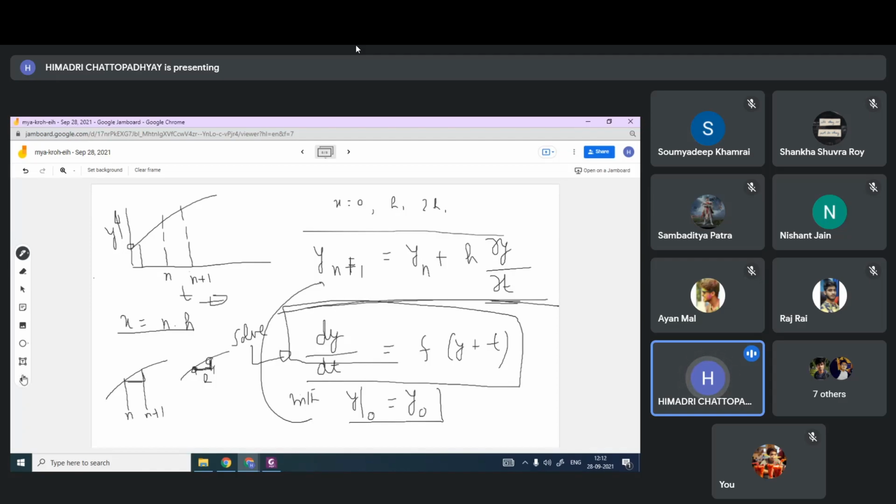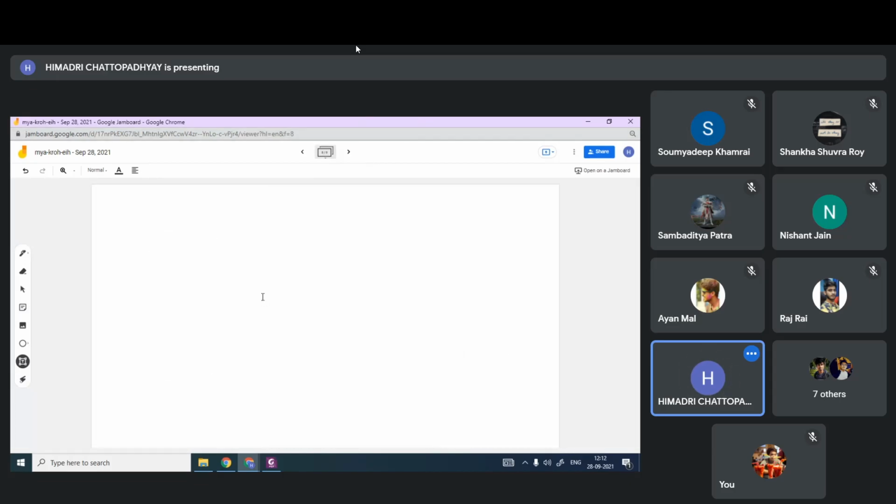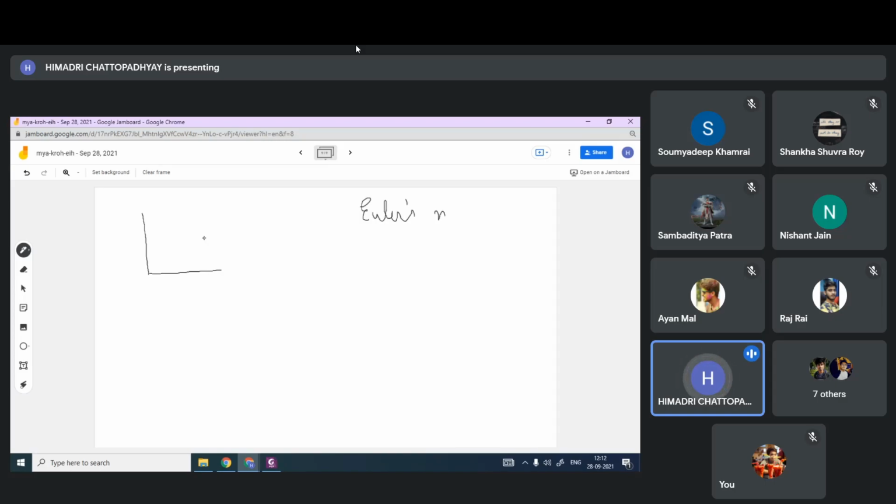I will again give you an example. This method we are discussing is known as Euler's method.